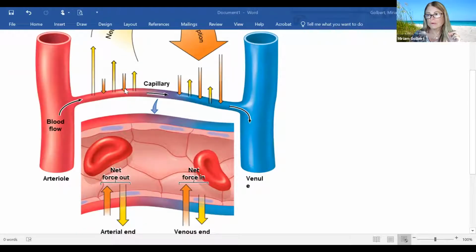So if you think about it, the 1 and the 25 are these 2 opposing forces that we have here, right? We really want to have net filtration, but we have to account for little pressure of the interstitial fluid, which should be minimal, 1. And of course, the oncotic or osmotic pressure of the blood, which is 25. And it should always be 25. Remember, this is given by albumin.